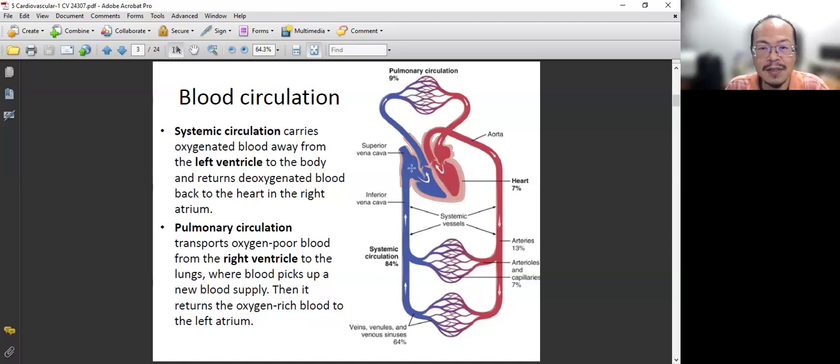And then the systemic circulation immediately connects with the pulmonary circulation. This is the low oxygen blood. It will be brought from the right ventricle. So you can see that the ventricle is the driving force of each circulation. Left ventricle is the driving force for systemic circulation. Right ventricle is the driving force for pulmonary circulation.